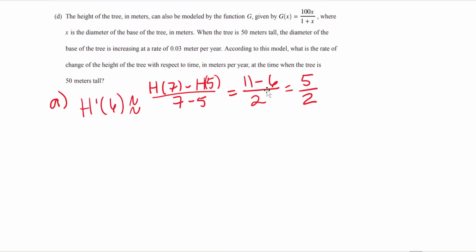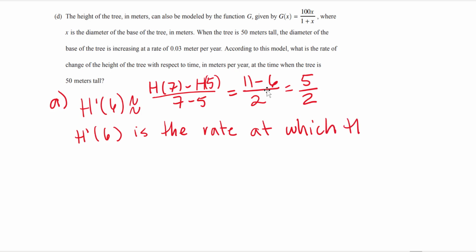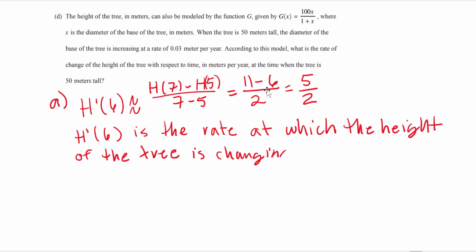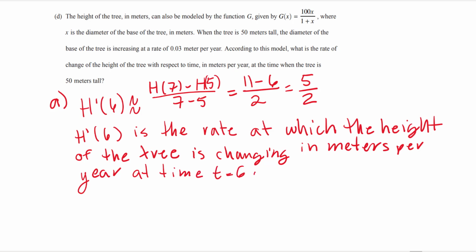So what this means, h prime of 6 is the rate at which the height of the tree is changing in meters per year, at time t equals 6 years.